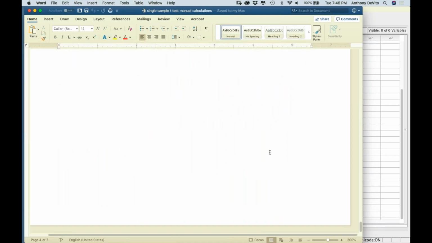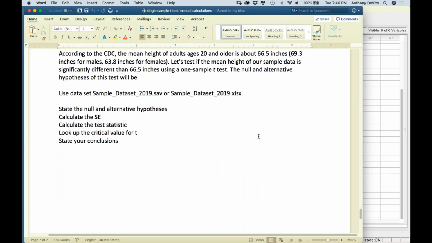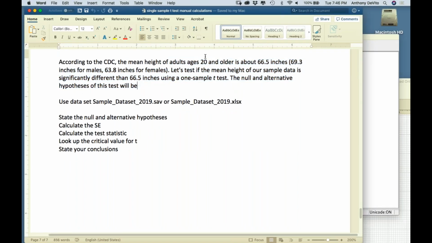Okay. So again, we'll work our way back. According to the CDC, the average height of adult males over 20 is 69 inches. Let's test to see if the mean height of our sample data is significantly different from the mean height of all adults, according to the CDC, 65.65 inches.